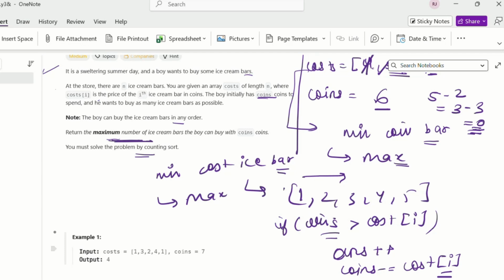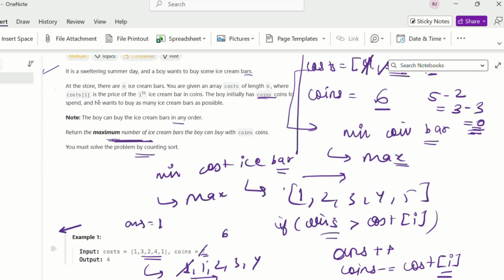Now the same thing, if I look at the first example: 1, 3, 2, 4, 1. If I sort this cost, it will be something like 1, 1, 2, 3, and 4. And my coins integer is 7. So I will start buying from left to right. If I buy this ice cream bar, my coins will be reduced by 1, because the cost is 1, and the answer will be 1.